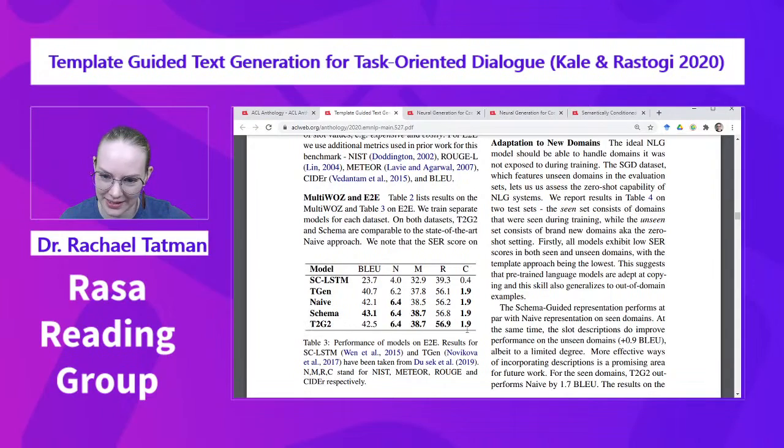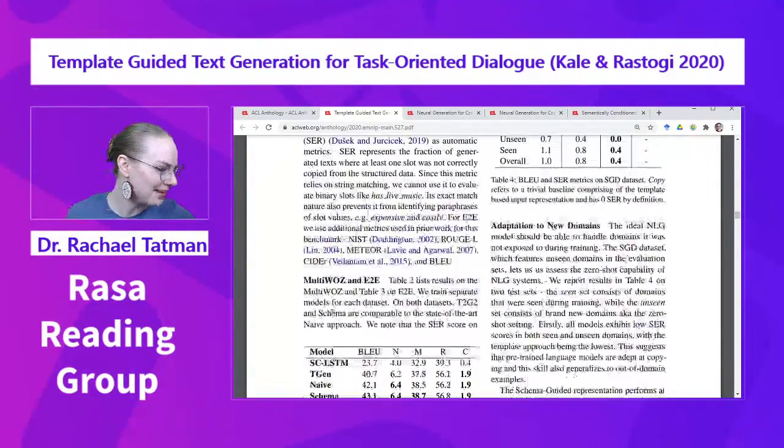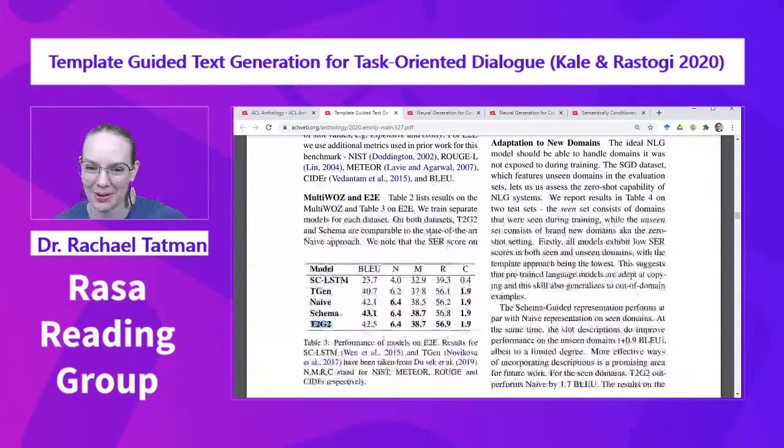And then this is their approach, the template guided text generation. That does pretty well based on these metrics, and is sort of in the same range as BLEU, and it's really this STL STM that is not very close to the rest of the models.